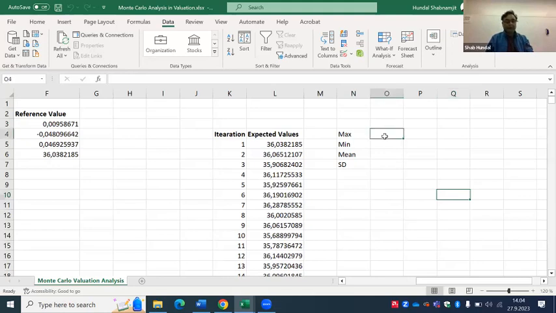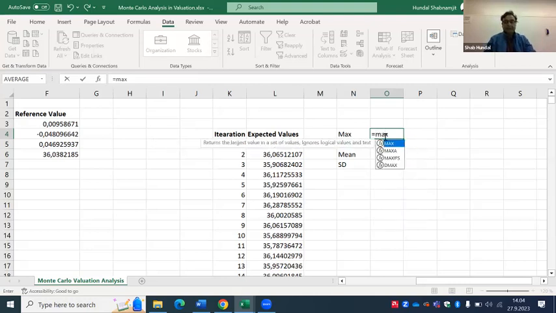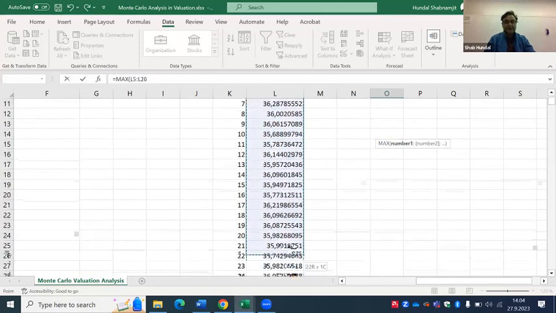So if you want to find the maximum expected price of Valmet, then type in max and use these values.